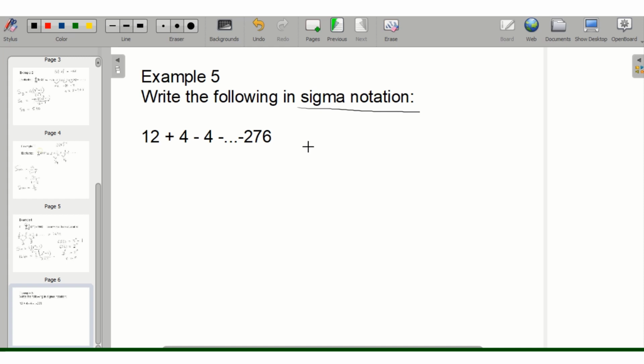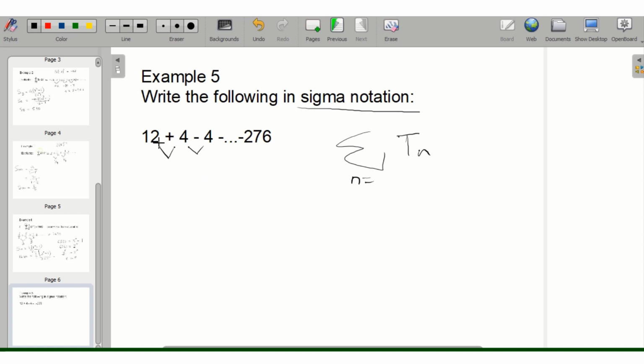So now this is a reverse challenge to the challenge that we had. Now a sigma notation, we said it has a general term Tn and the start value and the last value at the top. So we need Tn. So to get Tn, we need to first identify what type of series we have.